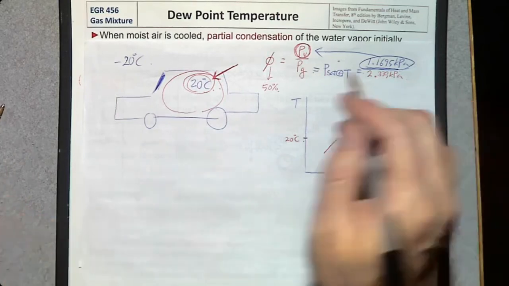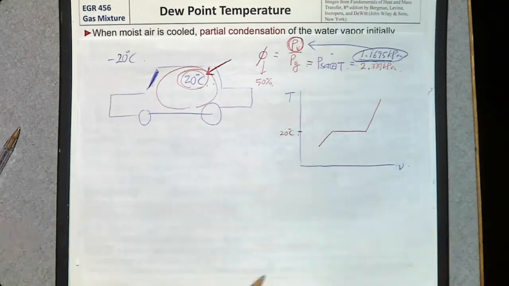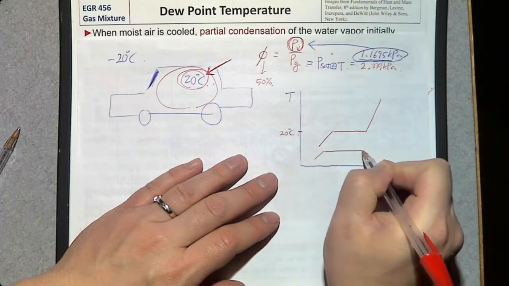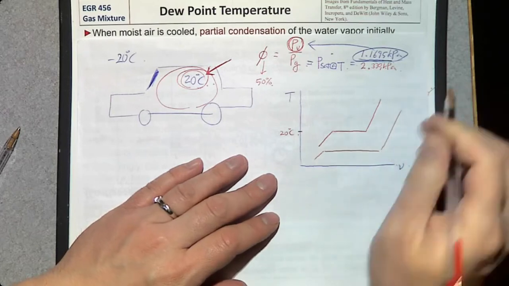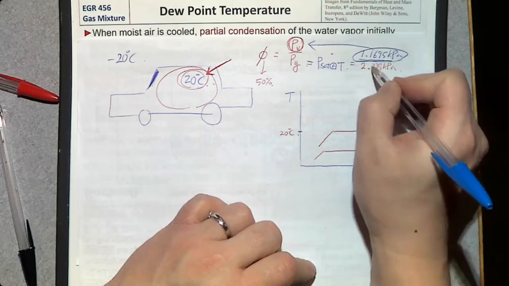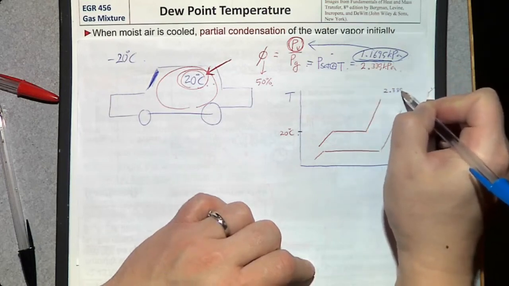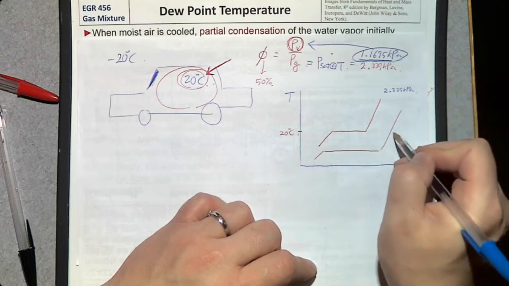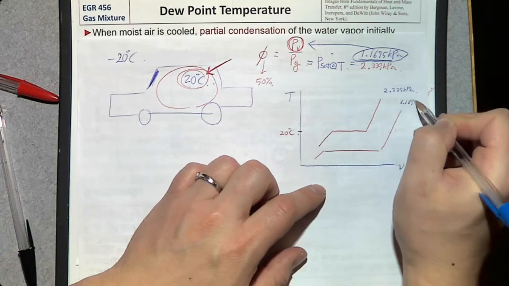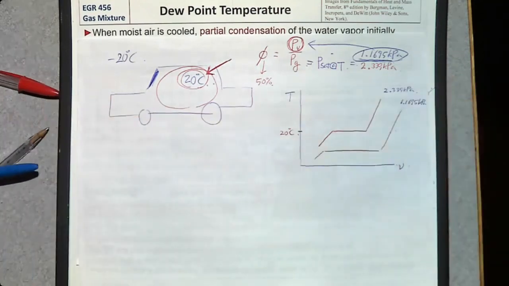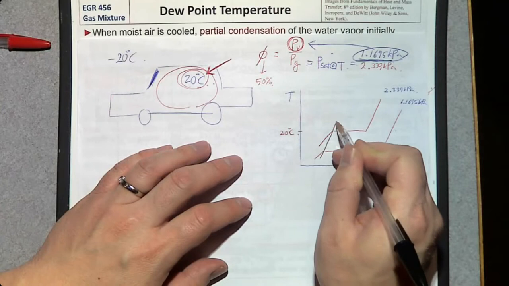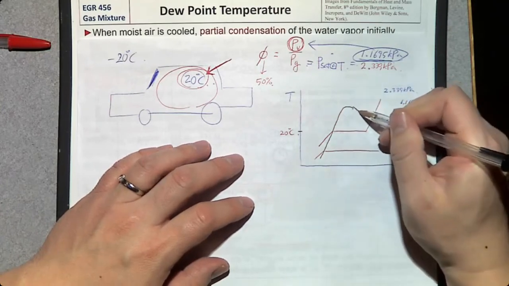And we can make another TV diagram at lower pressure. This pressure is going to be P sat, 2.339 kilopascal. And this pressure is going to be the actual pressure here, 1.1695 kilopascal. And we have this saturation curve, saturation line, that looks like this.